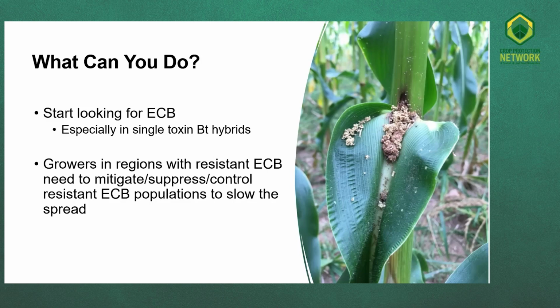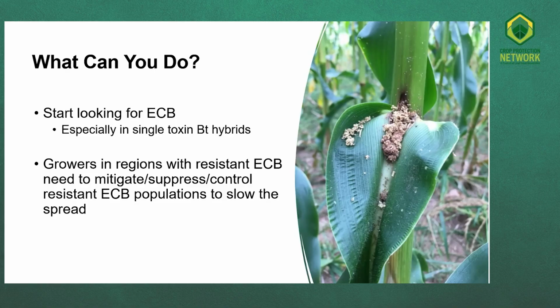But if there are pockets where these single toxin hybrids still are being grown, we definitely want to have a look for those. And we're also kind of re-educating growers about what corn borer injury looks like, because we've controlled it so well for almost 30 years that most people haven't even seen this insect before, maybe in their lifetime, or they haven't seen it in a long time of their farming career.